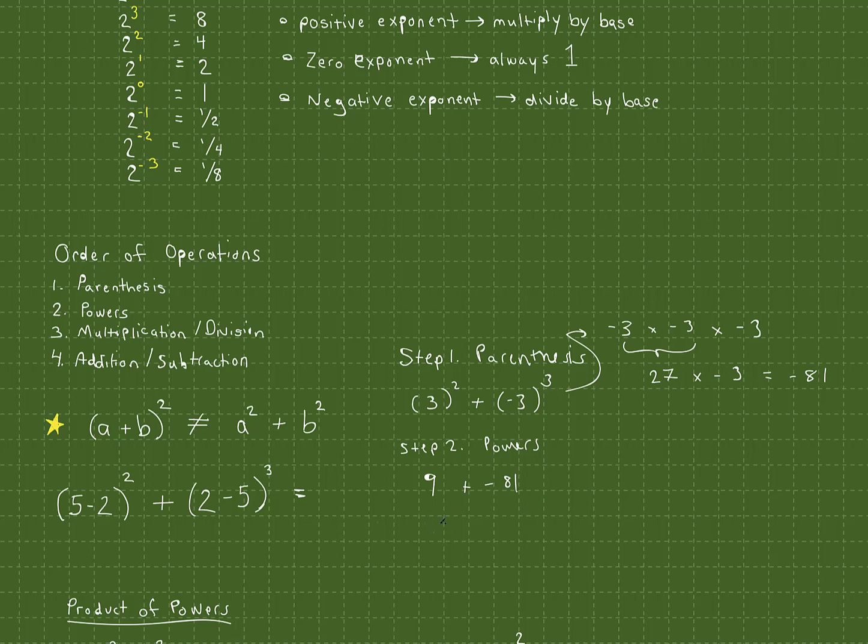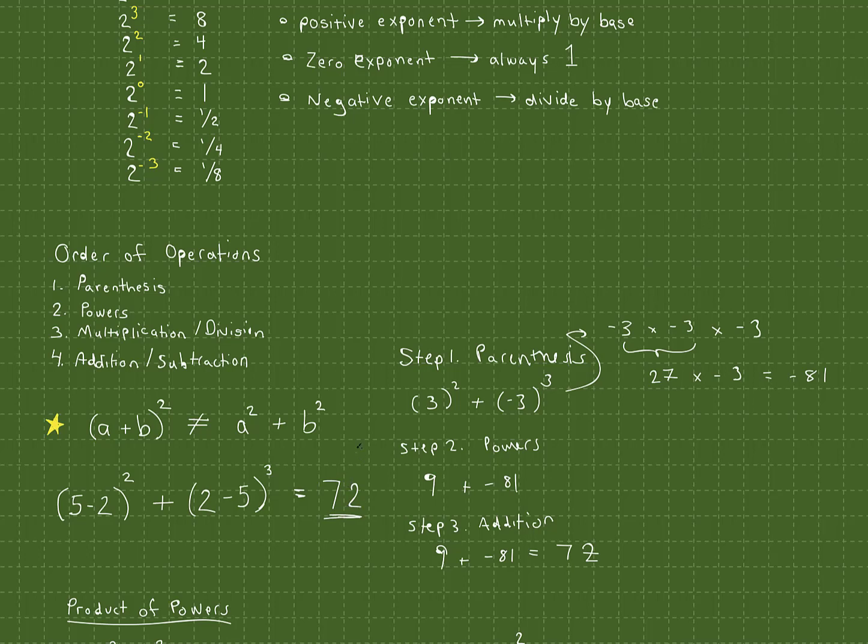We don't have any multiplication and division, so we skip that step. The next step, step 3, would be addition. So we get 9 plus negative 27, excuse my terrible handwriting, and that becomes negative 18, which is our final answer. So this whole thing becomes negative 18.